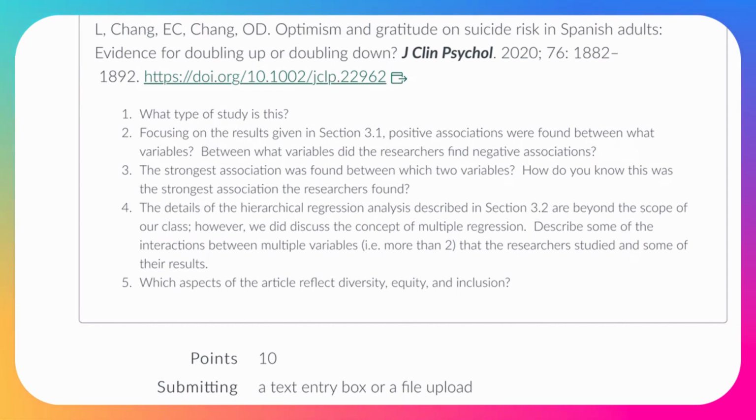In number 4, it says the details of hierarchical regression analysis described in section 3.2 are beyond the scope of our class. However, we did discuss the concept of multiple regression. Just in case I forgot to do this at the beginning of class, multiple regression simply means looking at an association between more than 2 variables.